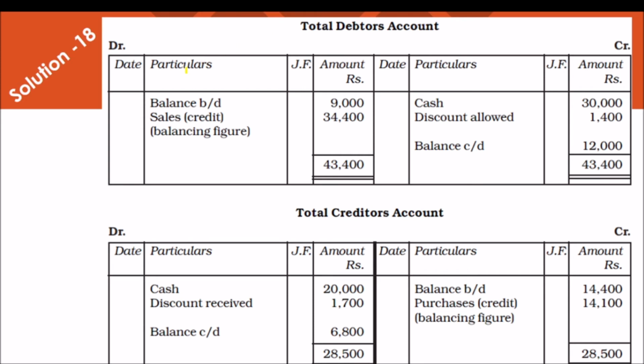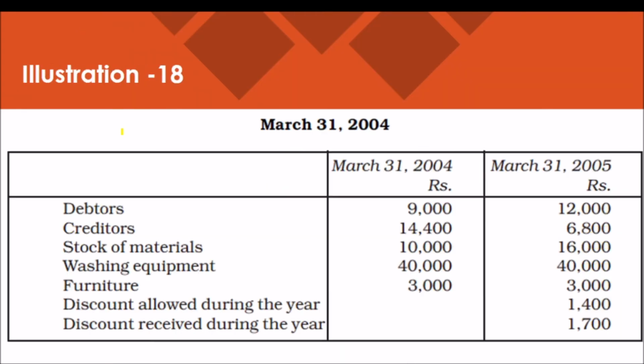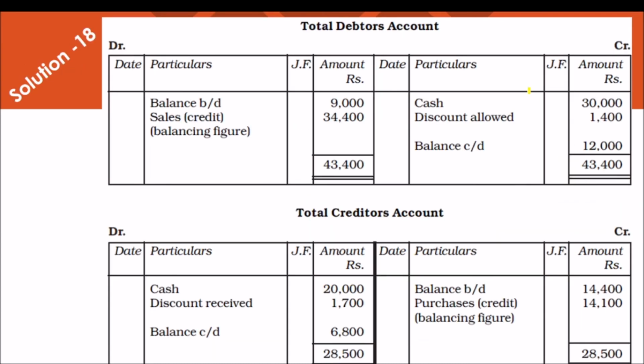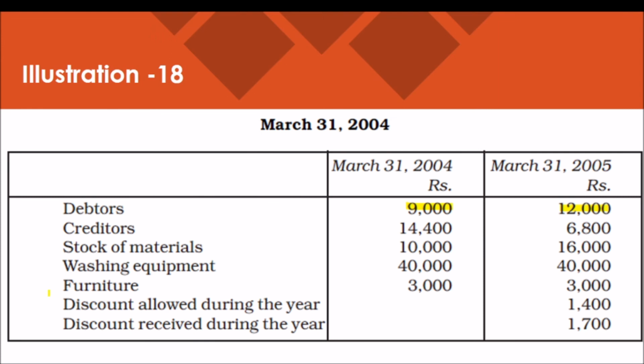First of all, use the question data. The opening value of debtors, 9,000, is there. It will be debited. 12,000 will be credited. Let's look at this: balance brought down, opening value 9,000, and balance carried down, closing value 12,000. And there is some amount of debtors received.